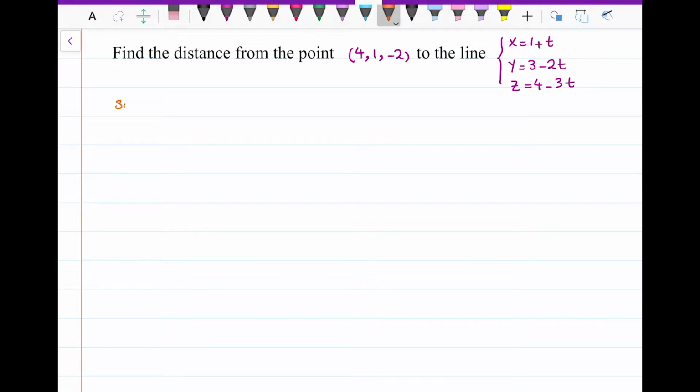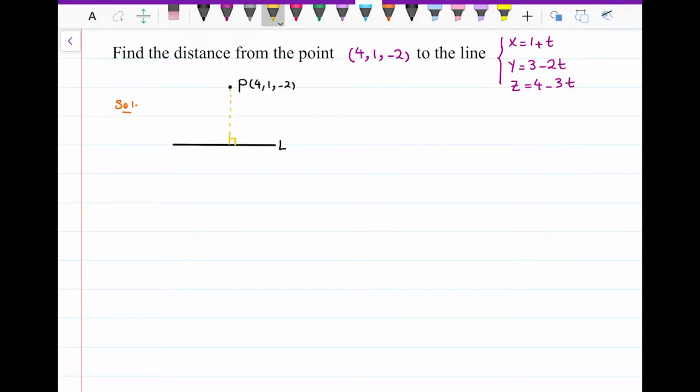Okay, so let's start by graphing an arbitrary line. Let me call it the line L. And we are given the point P in this space, and the point is, for example, here, (4, 1, -2). I'm trying to find this distance in here.